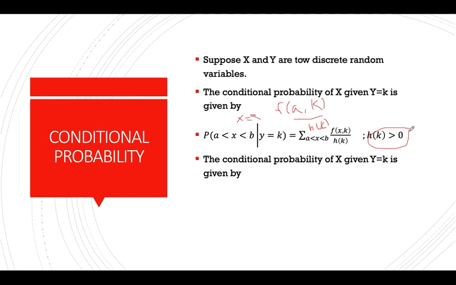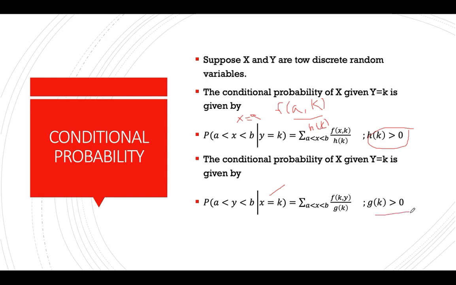And then for the conditional probability of y given x equals k, for a given interval, we take the sum of all possible values of y satisfying this inequality, so f of k, y over g of k. So we replace x by k, and in the denominator we consider the marginal distribution of x at x equals k.